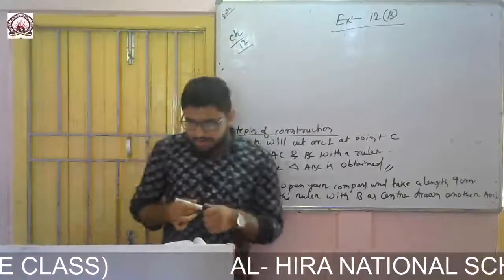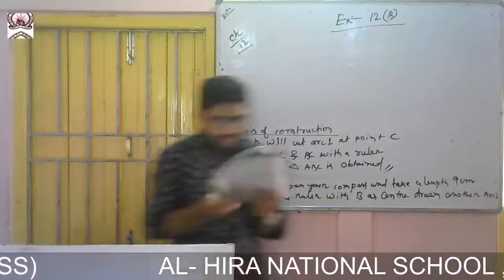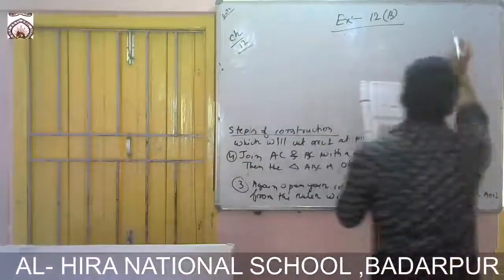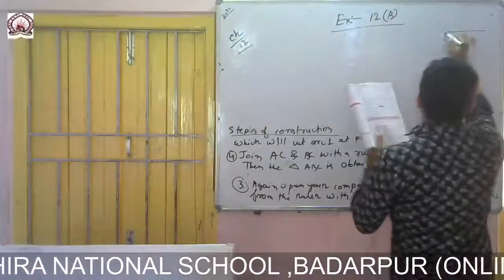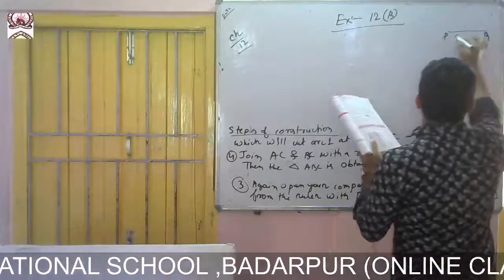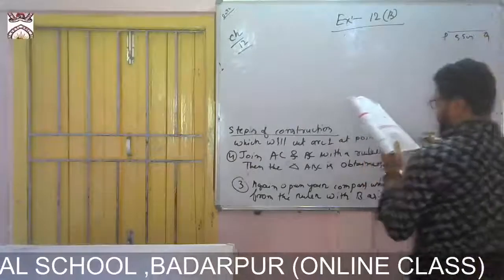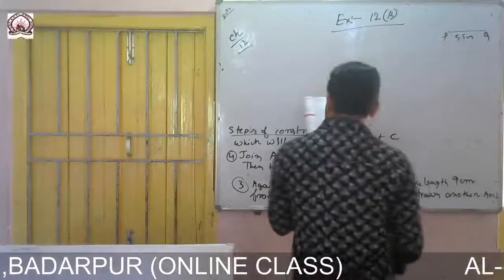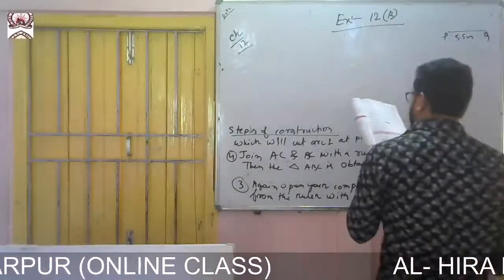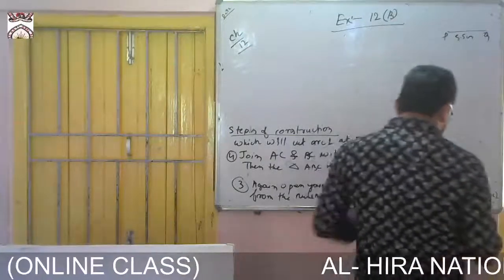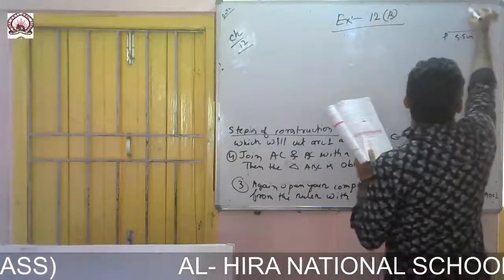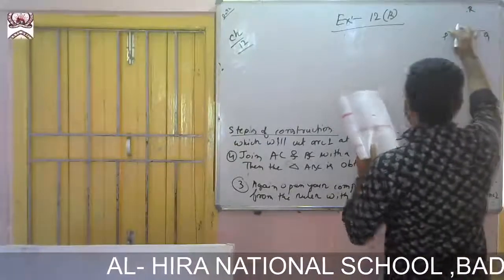Let us first draw a rough sketch of this one. PQ 5.5 centimeter. Then R will be something here, and RP this one.